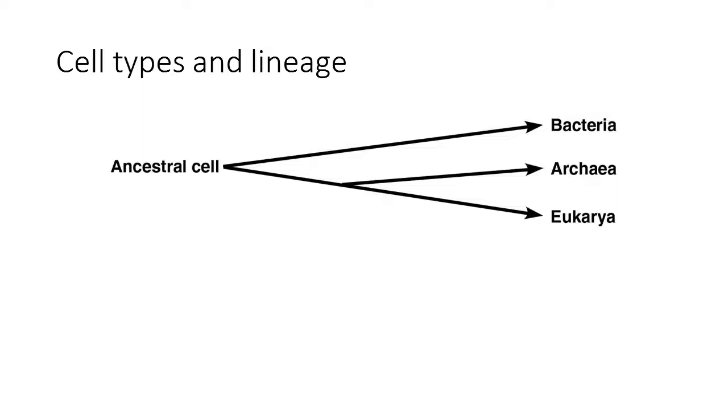You will see, however, that when we're traveling along these lines, and these lines represent evolution from an ancestral cell, that archaea is coming off of the line that leads to eukarya and not bacteria, meaning that it's more closely related to eukarya. So there are actually characteristics of archaea that are similar to eukarya and some that are similar to bacteria.